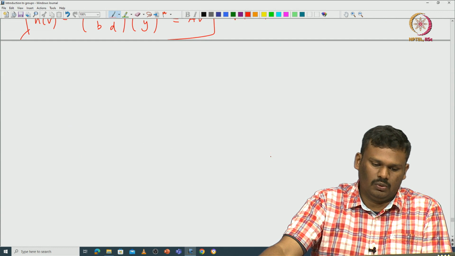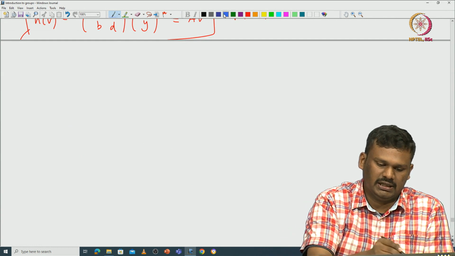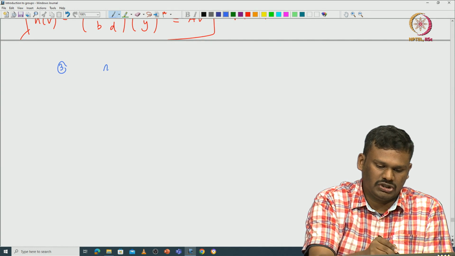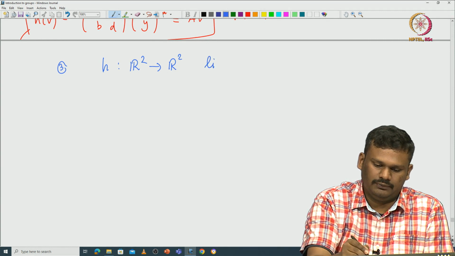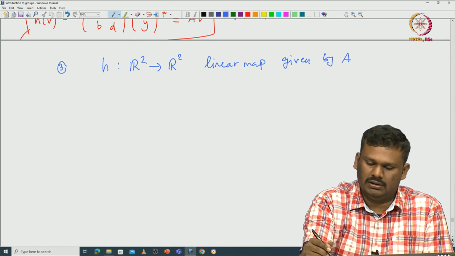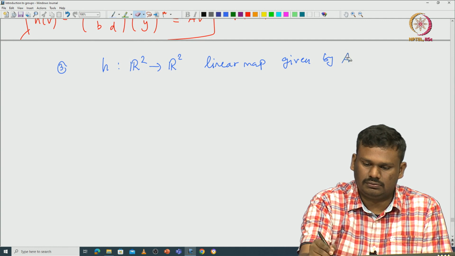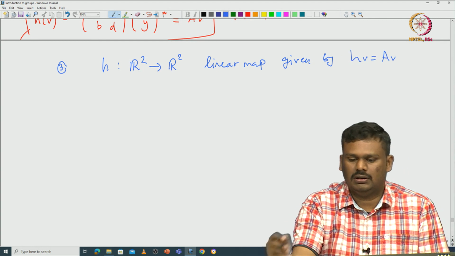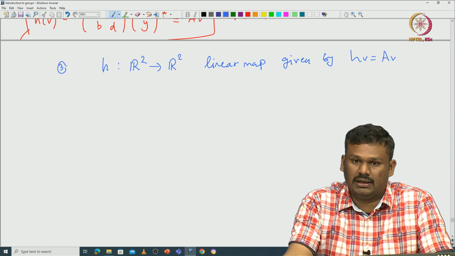So, now once you have this condition, then it is not hard to see that the defined map H from R2 to R2, which is a linear map given by H V equal to A V, must be isometric.